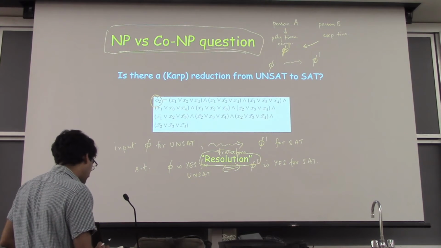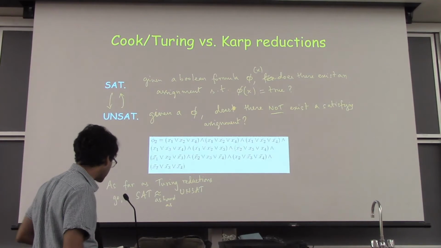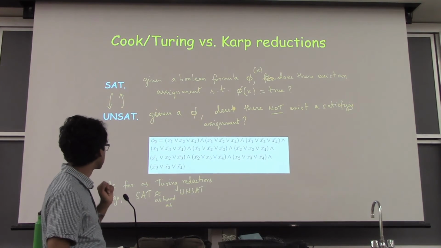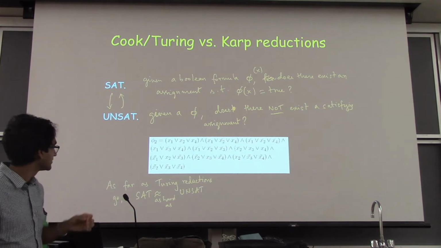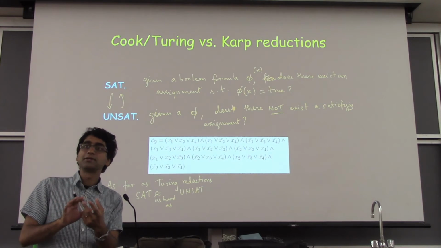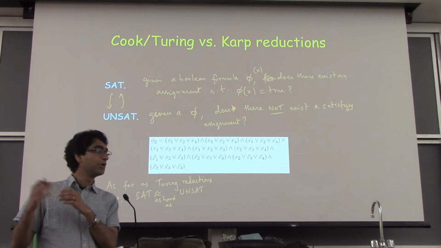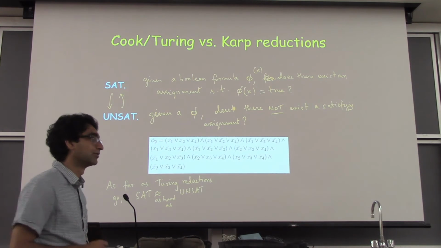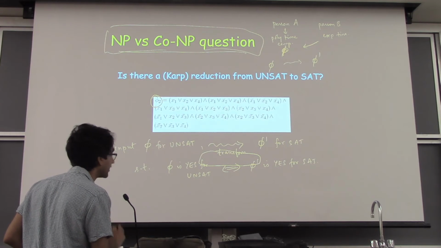And this illustrates the difference between Cook and Karp reductions, because if you look at Turing/Cook reductions, then SAT and UNSAT are trivially equivalent to each other. But if you restrict to Karp reductions, we don't know if these two are equivalent. And we actually believe they are not equal.